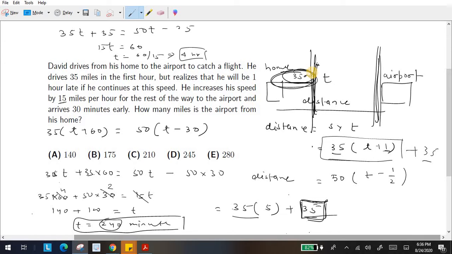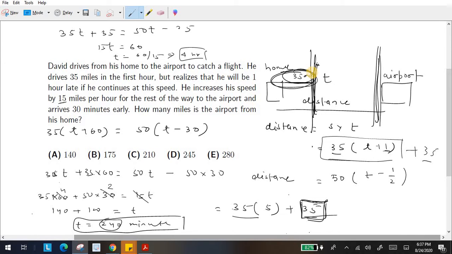Okay. Actually, no, you're right, because T is only from the home plus 35 to the airport. Yes. So then we have to add again 60. So that would be again 360.